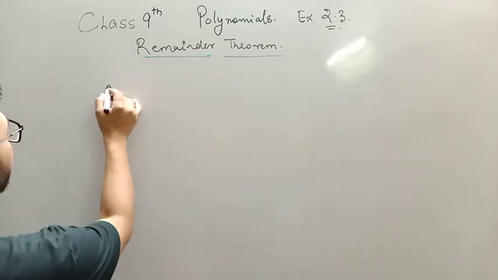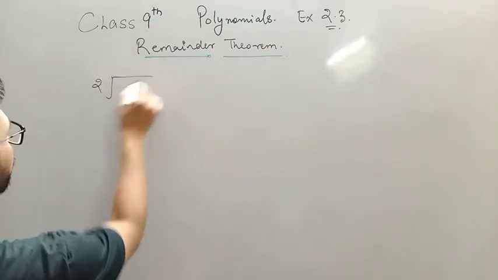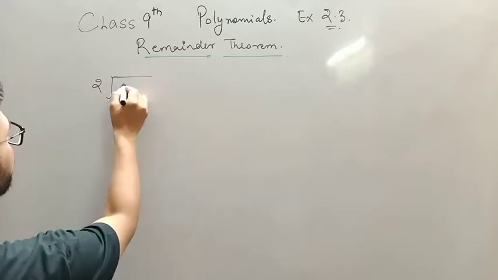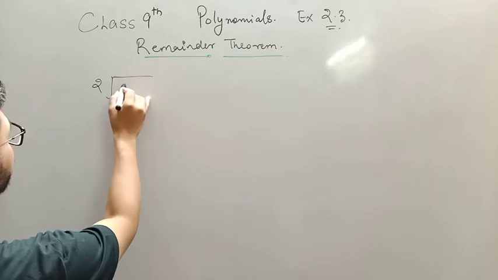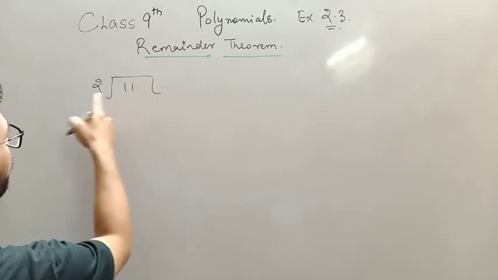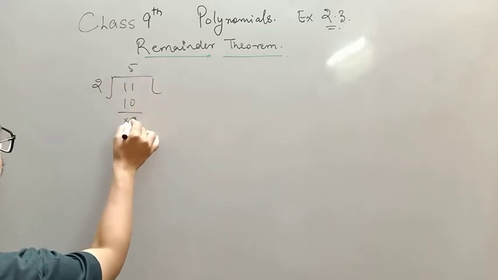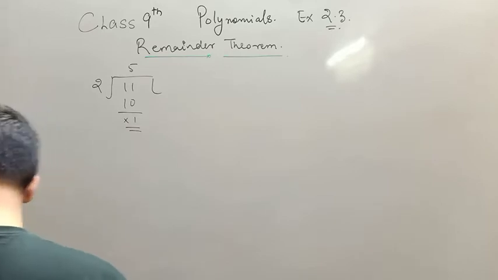Let's say I have 2 and let's say this is 11. So 2 5s are 10 and the remainder is equal to 1, right?